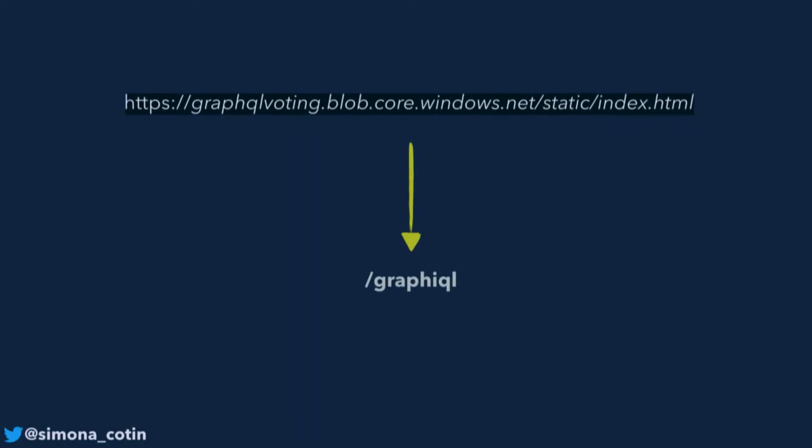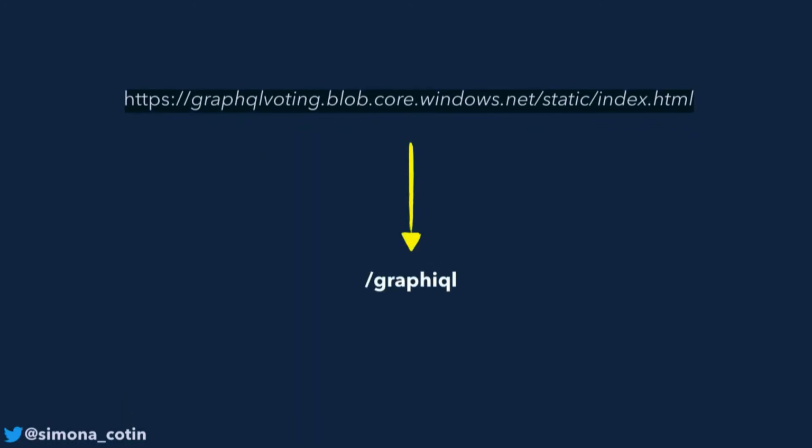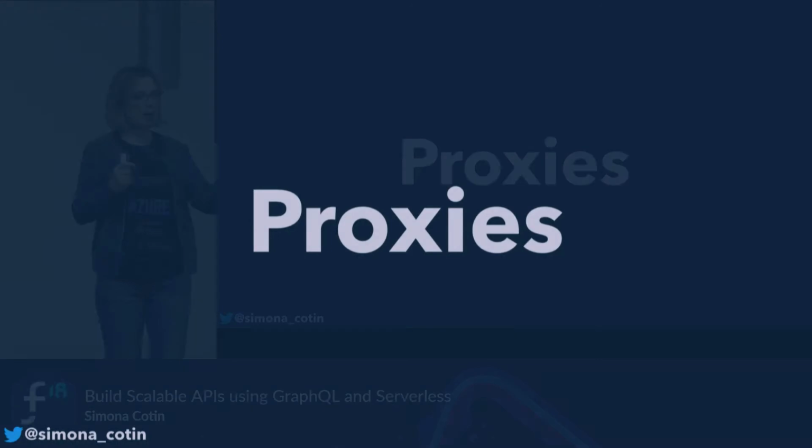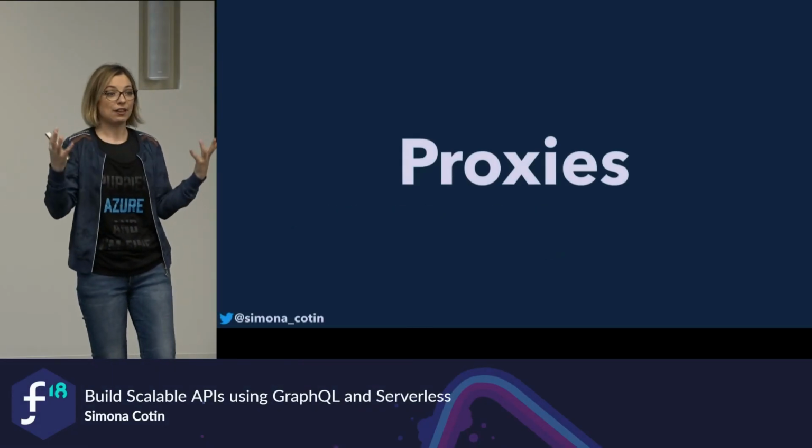And once I've done that, I actually want to be able to deploy it under the /graphiql URL path, because that's also a best practice, where your GraphiQL and GraphQL endpoints are under the same URL path. And the way I do that is using proxies. Proxies is a very thin API layer on top of our function app or on top of a collection of function apps.